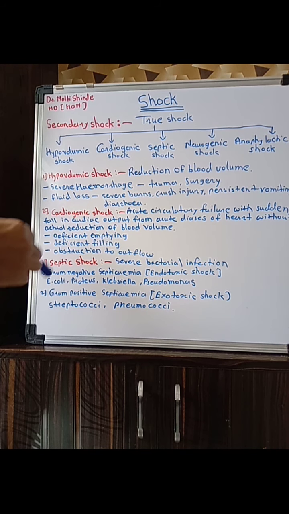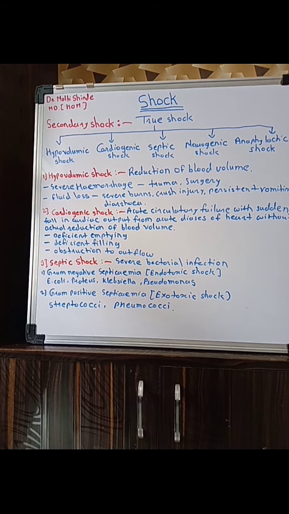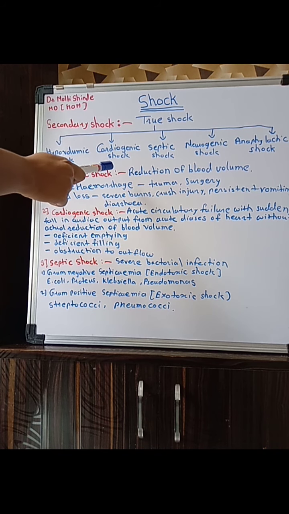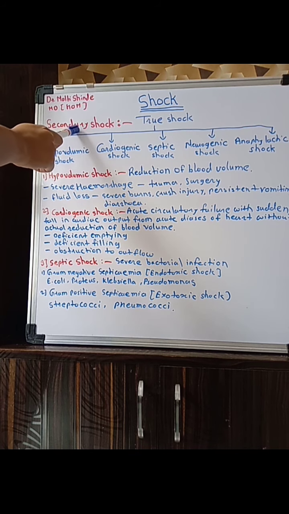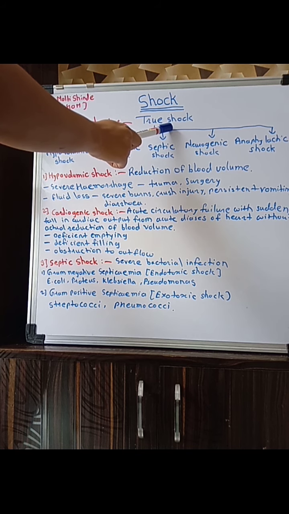How does this secondary shock occur? It occurs due to hemodynamic derangements with hypoperfusion of the cells. Actual hypoperfusion of the cells occurs in secondary shock, hence it is also called true shock.